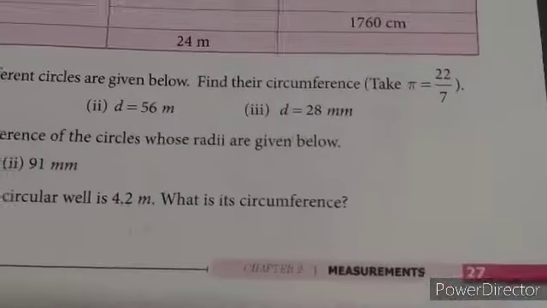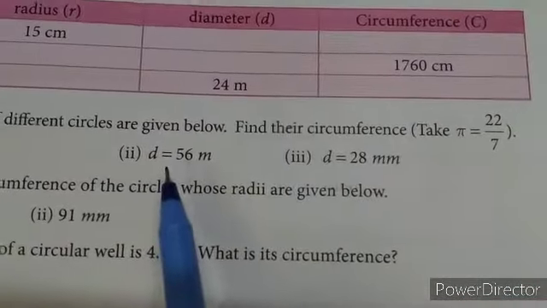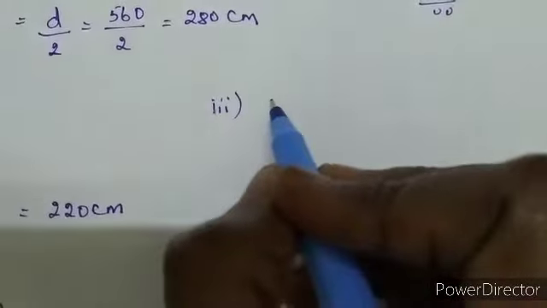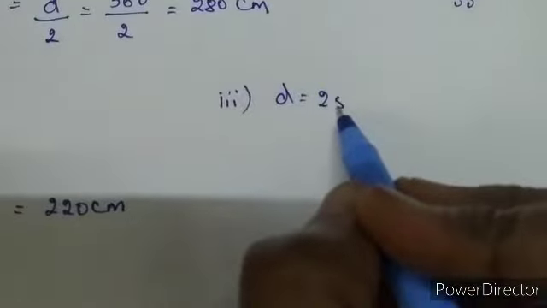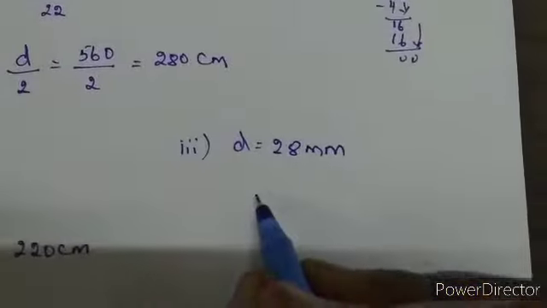Let's try one more subdivision in the same sum. Okay students, subdivision 3 is given as diameter equals 28 millimeter. Now, what is the formula?